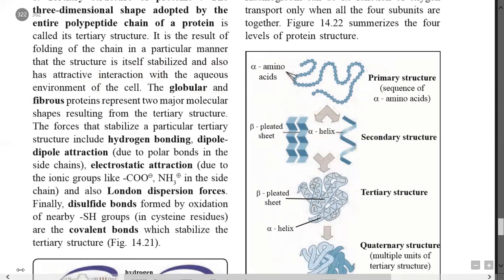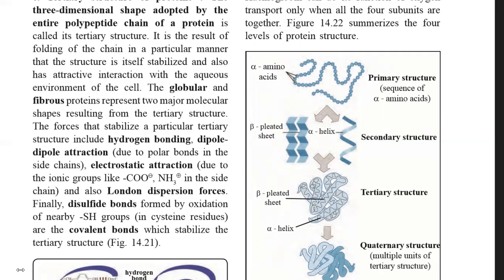The force that stabilizes a particular tertiary structure is again hydrogen bonding and dipole-dipole attraction. So which force stabilizes the tertiary structure? It is hydrogen bonding and dipole-dipole attraction due to polar bonds in the side chain. Then another type of force is electrostatic attraction. Why electrostatic attraction?